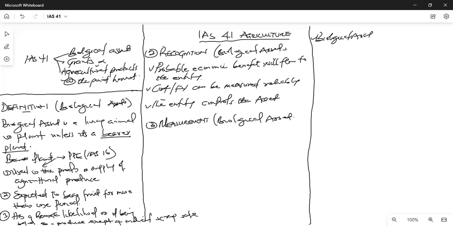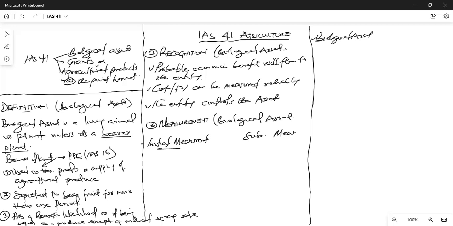When it comes to this agriculture biological asset, if we are talking about the measurement criteria, we have initial measurement and subsequent measurement. What we are supposed to go through and understand is that for the initial measurement, we have two. We have the measurement at fair value less cost to sell.